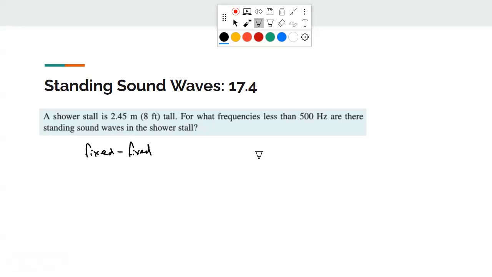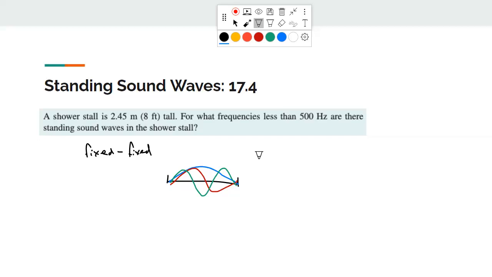And so we can think of this in terms of the standing waves we've seen so far. So we've got one like this. We're going to have one like this, right? We're going to have one like that, just to give you some examples of what these different harmonics will look like. But the way the question's phrased, we have to really think carefully about what we should do here.